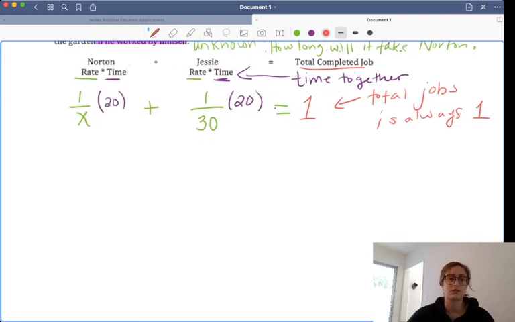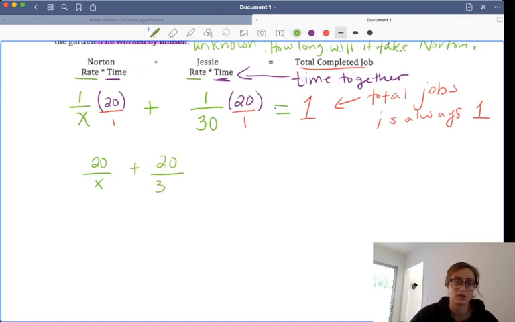I'm going to take these 2 whole numbers that I wrote, excuse me, and I'm going to write them over 1. So then for multiplying fractions, we do top times top and bottom times bottom. So this is going to be 20 over x plus 20 over 30 equals 1.